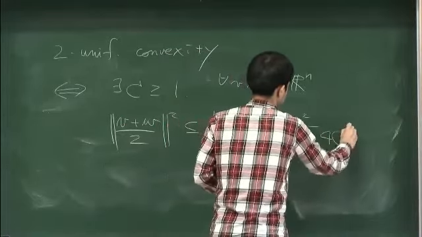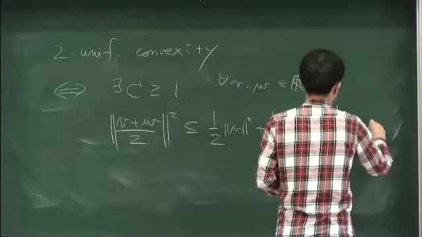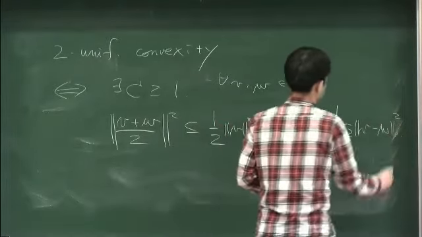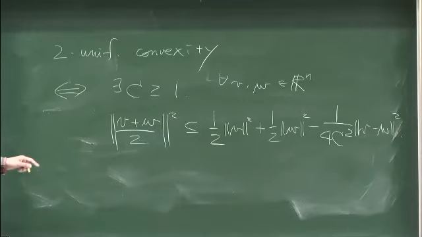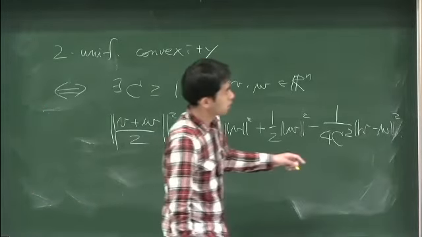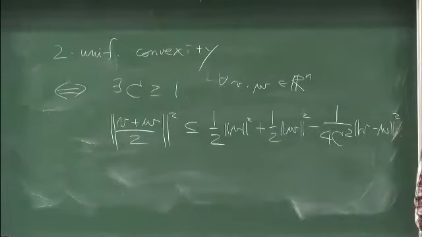So it's just convexity of the square norm, and so I think this implies the curvature bound.